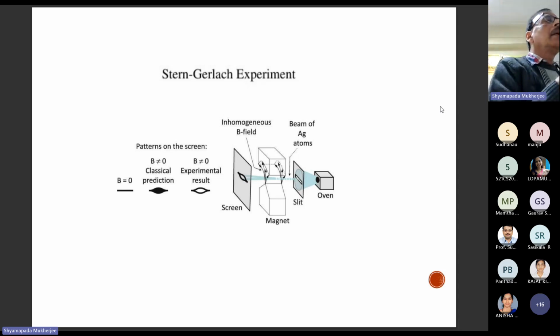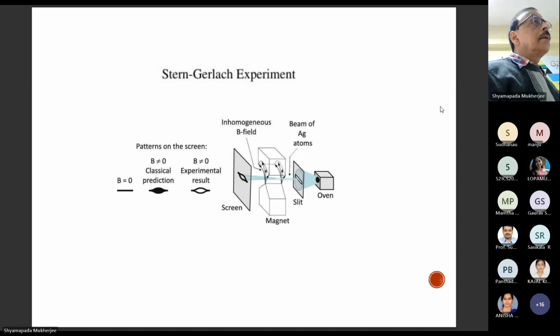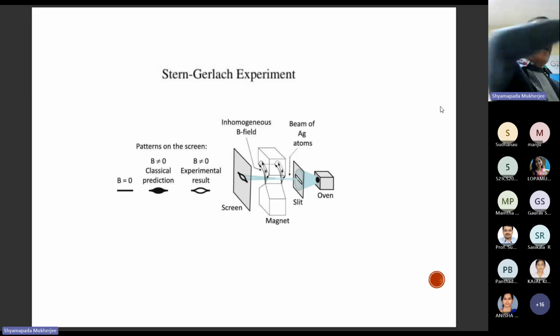So this means that the measurement decides whether I will get one strip or the beam is diverted somewhere. This is one magnetic field. It has split into two parts, up and down. Suppose I put a similar magnet exactly parallel to the first magnet, I shall get the same figure. But if I keep a magnet perpendicular to it, I shall get two strips again in the horizontal direction.